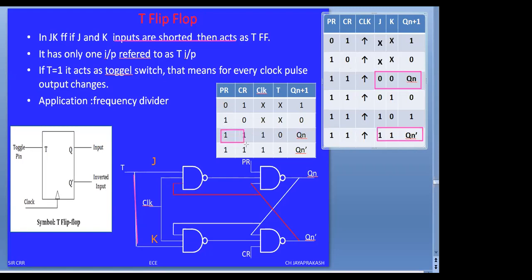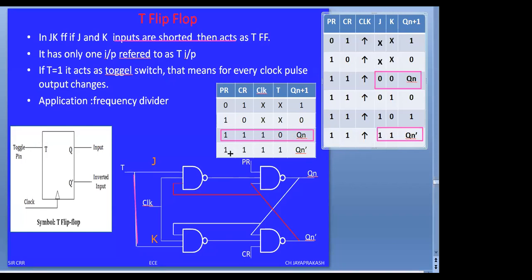When preset equals 1 and clear equals 1, the flip-flop is working as a synchronous circuit, and the clock equals 1. The first condition we verify is T equals 0, meaning J equals 0 and K equals 0. This indicates the no change condition: whatever the previous value is, the same value continues.